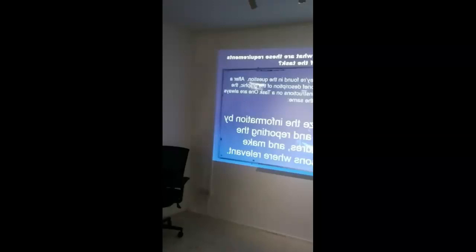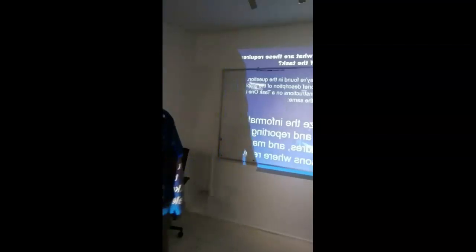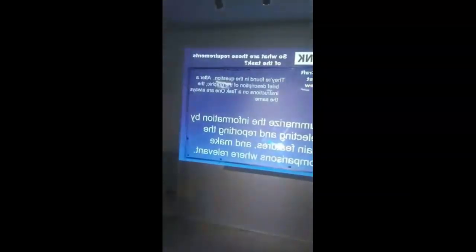Every task 1 includes the following: summarize information by selecting and reporting the main features and make comparisons where relevant. They all say that. Now, where are the requirements? What are the 4 verbs that you see in these instructions?